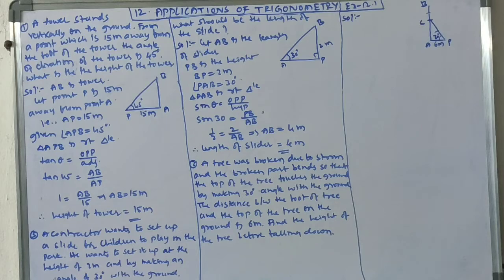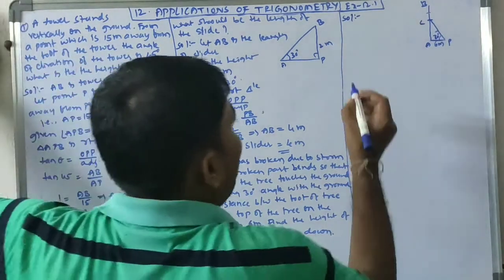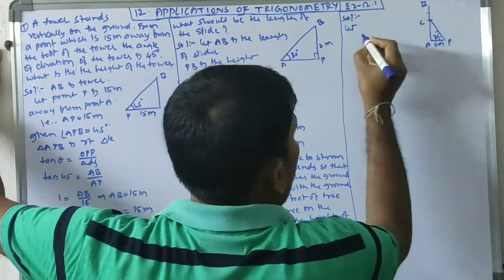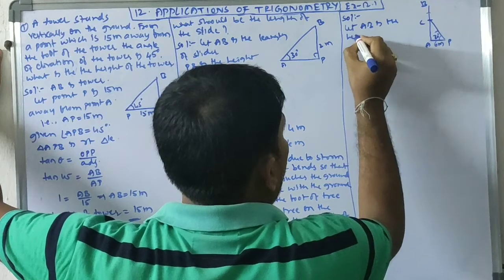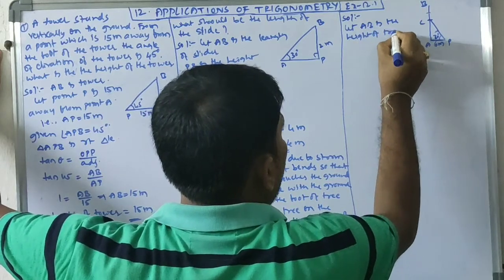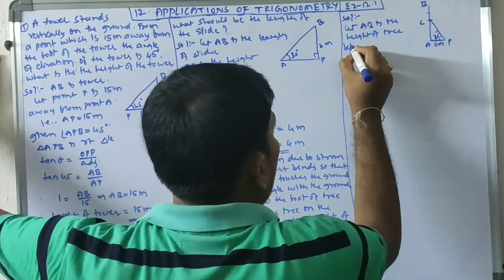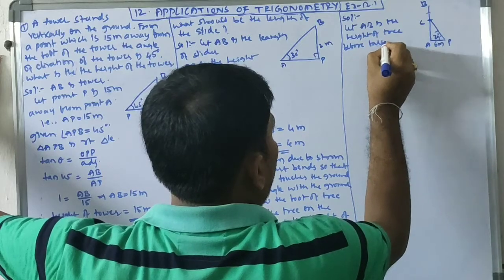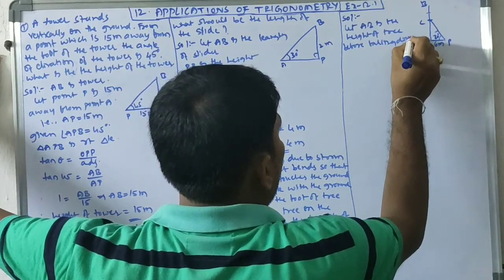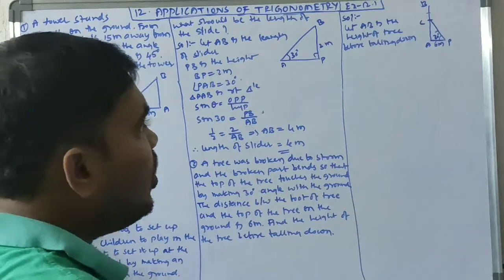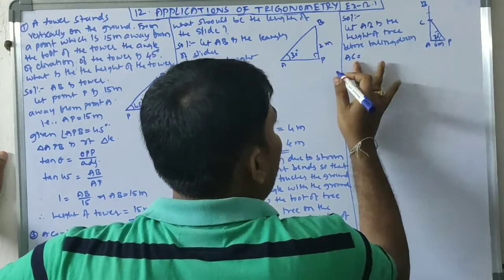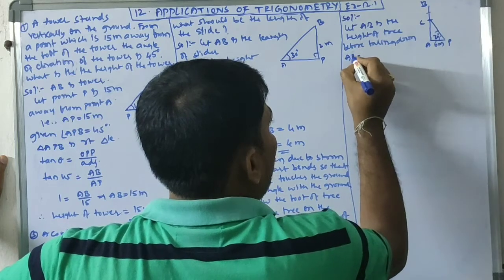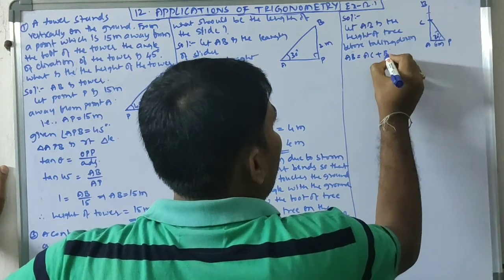We need to find out the height of the tree. So first let AB be the height of the tree before falling down. AB equal to AC plus BC.